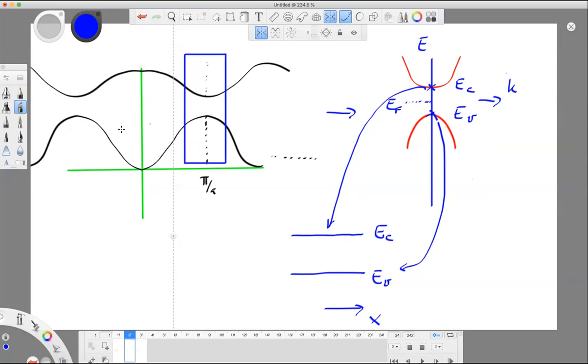This is just the free electron approximation, with a very weak influence of the potential. So everything is parabolic here or parabolic on the other side: almost free electrons.